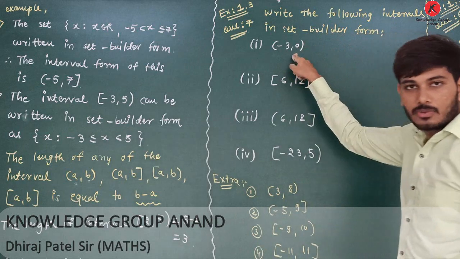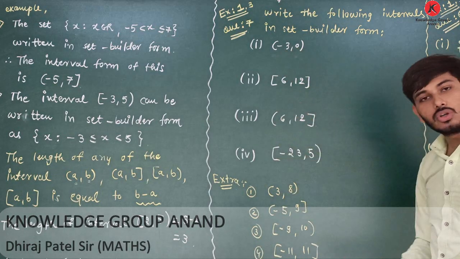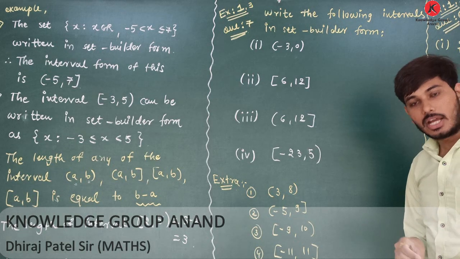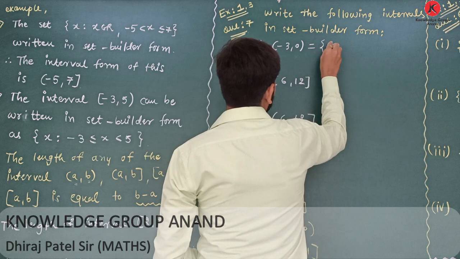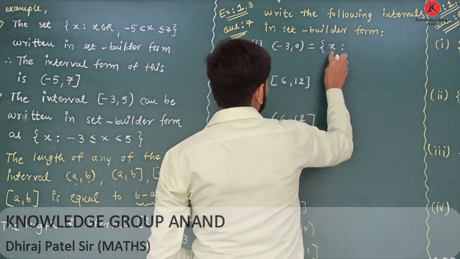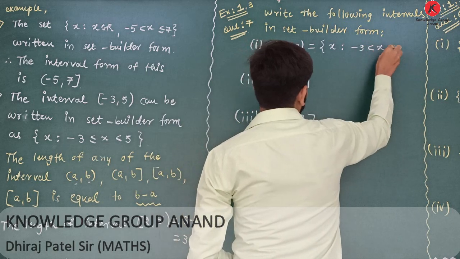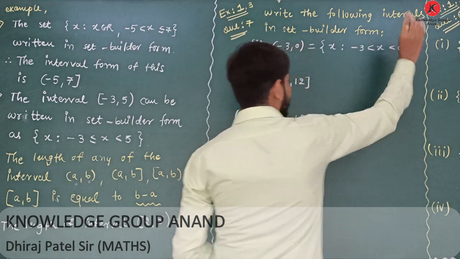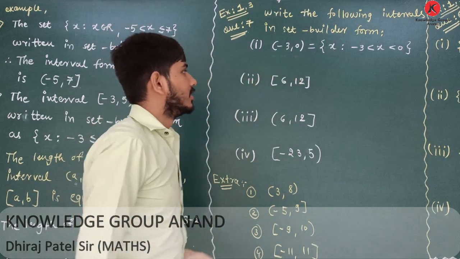The open interval from minus 3 to 0. Here minus 3 and 0 are both not included. Therefore, we can represent it in set builder form as x such that minus 3 less than x less than 0. This is the set builder form of this interval.